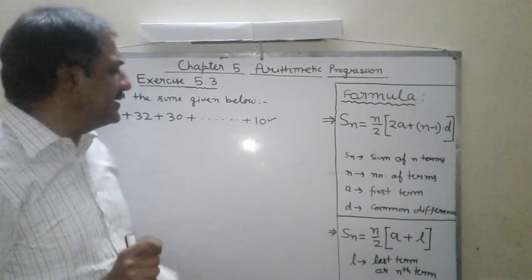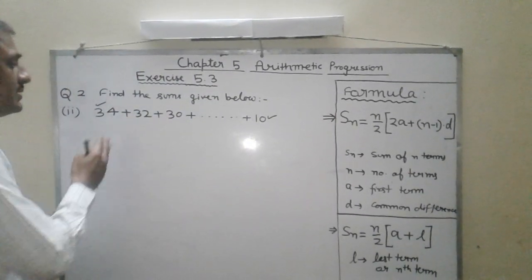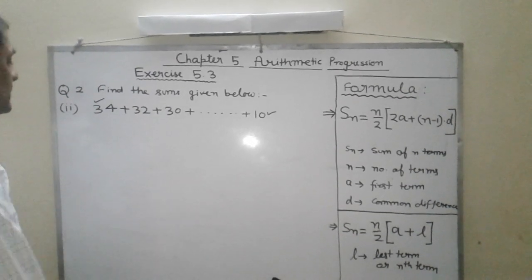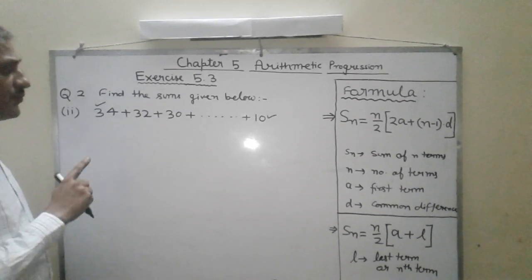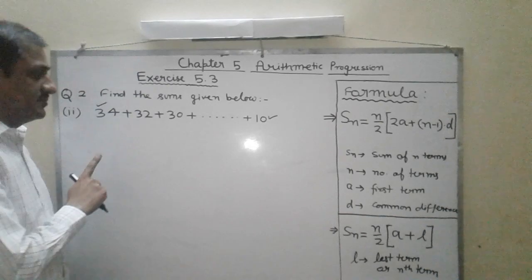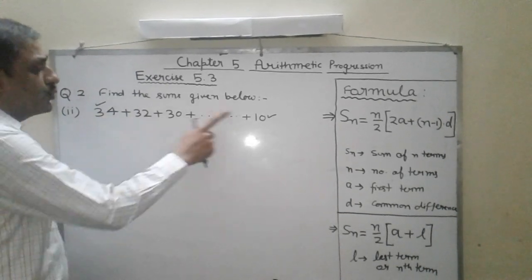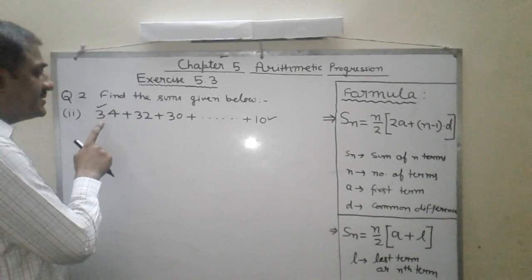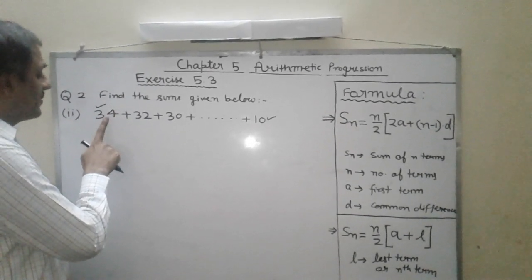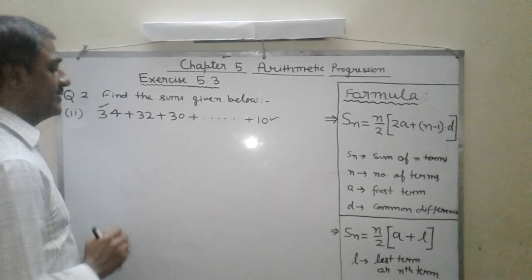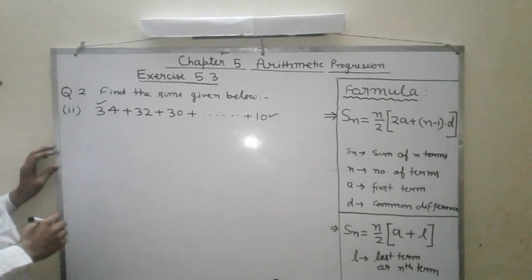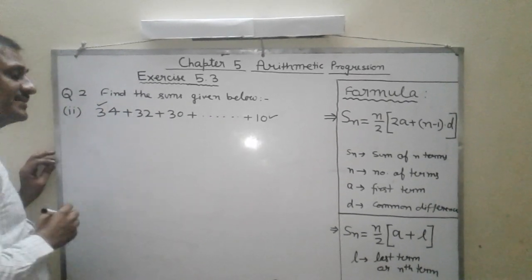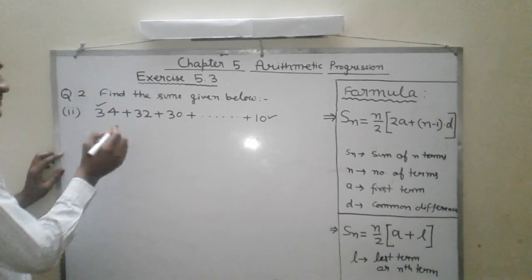So how can we find the sum of this AP? First of all, we are going to find the number of terms from 34 to 10. How many terms are here in this AP from 34 to 10?